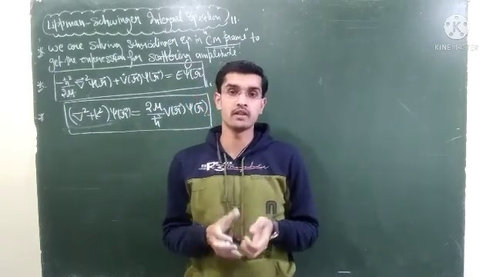Now you just have to operate these operators inside. This particular factor will cancel out, and this operator is with respect to R only, so it will operate on this exponential function and not on G bar of q.